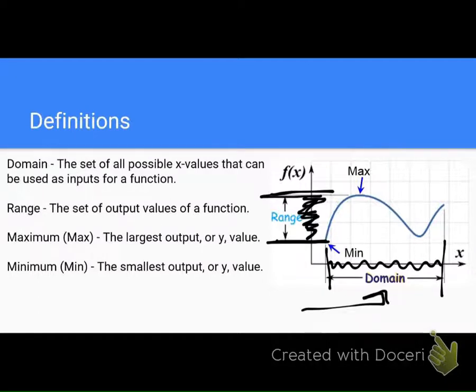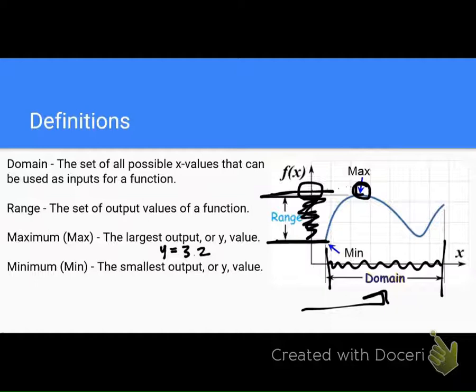Okay. The maximum, or we can just say the max, is the largest output or y value. So the max of this function occurs at this point, so the corresponding y value would be the max. So for this graph it happens, let's say about y equals 3.2, somewhere around there is the max.